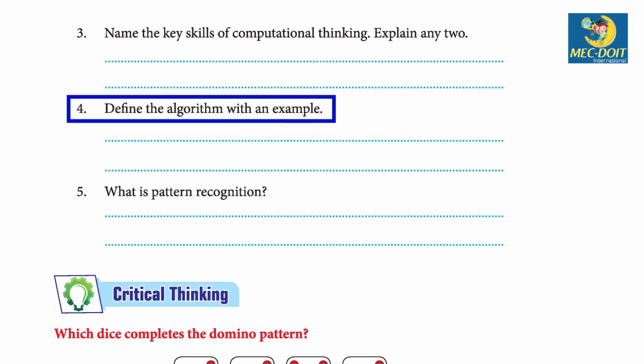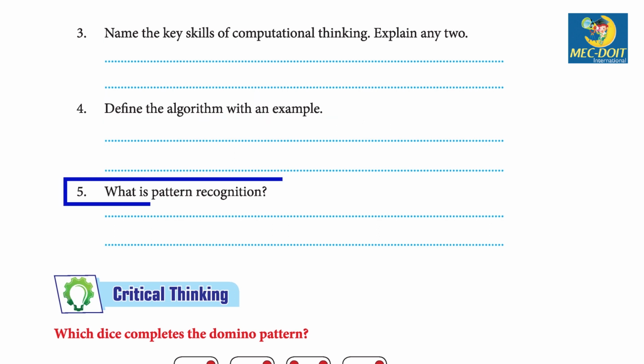Answer: algorithm design is the process of laying out the steps and rules that must be followed in order to achieve the desired result. 5. What is pattern recognition? Answer: the process of pattern identification is crucial in computational thinking since it allows the user to find solutions more quickly. Once a problem is broken down, discovering patterns in the broken parts simplifies work.